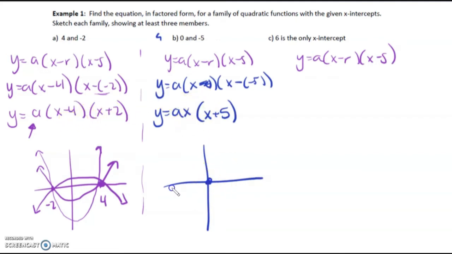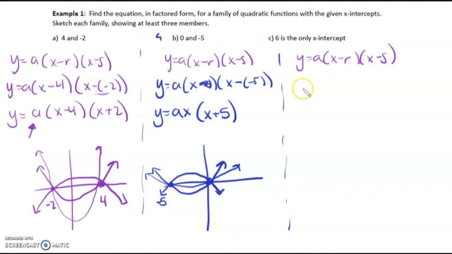If we have 0 and negative 5 as our x-intercepts, it can open up, it can open down, it can open even wider. Just as an example. And remember, because we're dealing with the a, this is still just a family of functions.